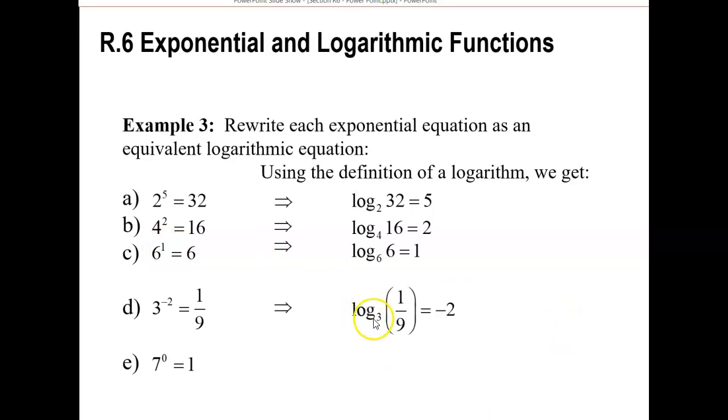Here it would be log base 3 of the 1/9 equals the negative 2. And log base 7 of the 1 equals 0. Just a matter of knowing where to put each part of the exponential expression into the equivalent corresponding location in the log expression.